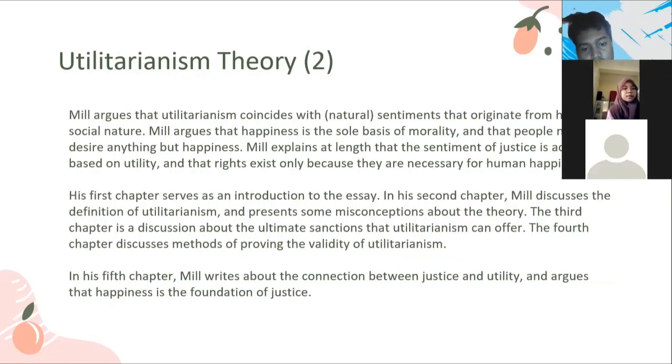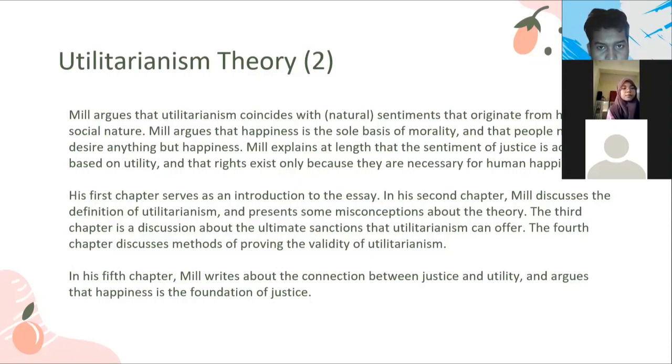J.S. Mill's theory covers the following. His first chapter serves as an introduction to the essay. In his second chapter, J.S. Mill discusses the definition of utilitarianism and the presence of misconceptions about the theory.